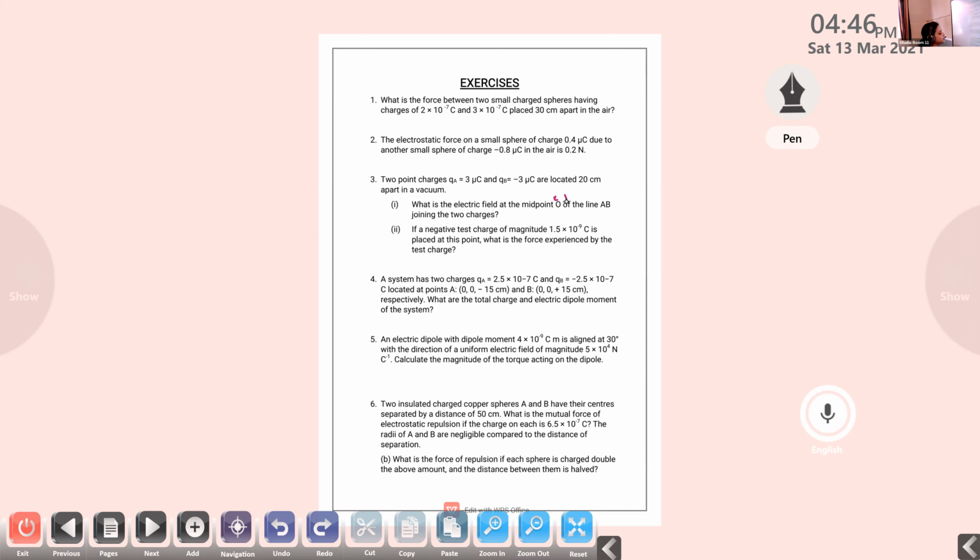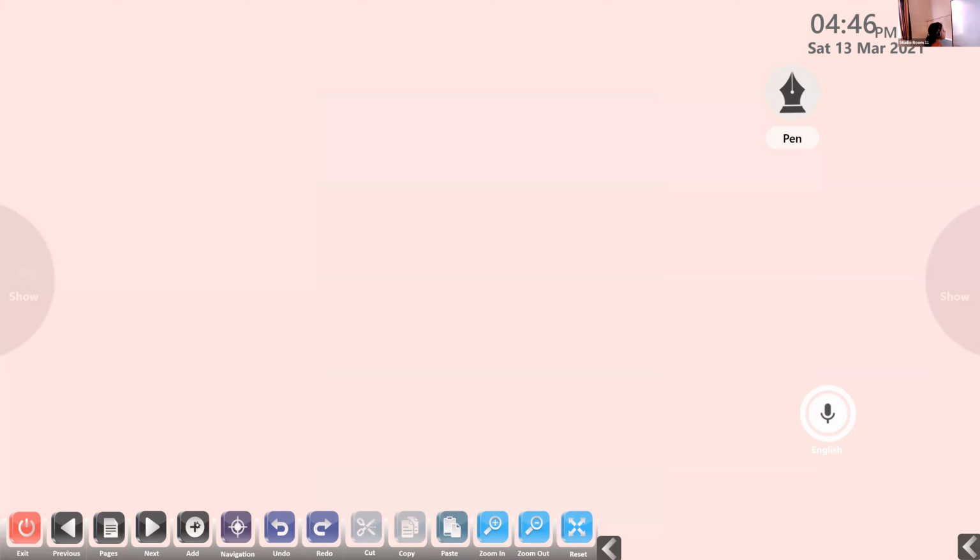So we consider the two charges, QA and QB, with charges 3 microcoulomb and -3 microcoulomb. They are separated by a distance of 20 centimeter. All right. So we consider the two charges, Q1 and Q2. What charge is present here? 3 microcoulomb.